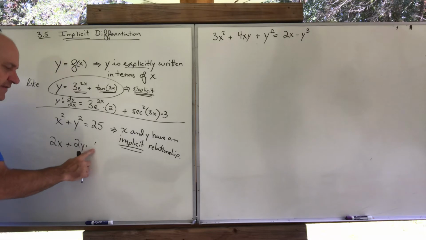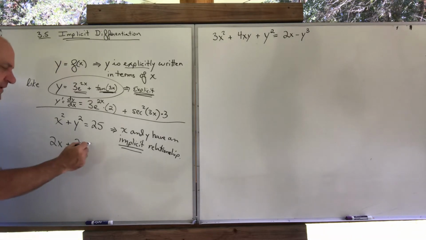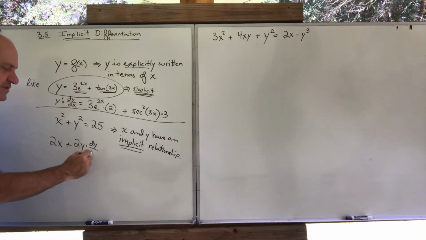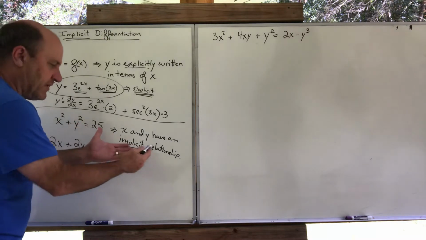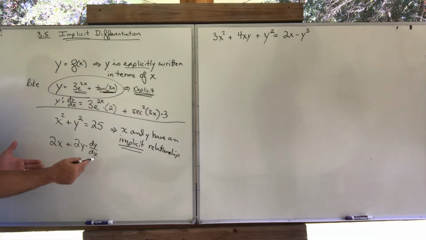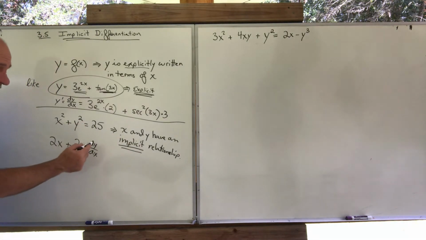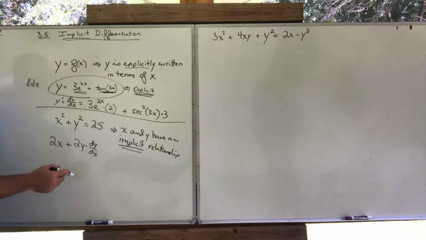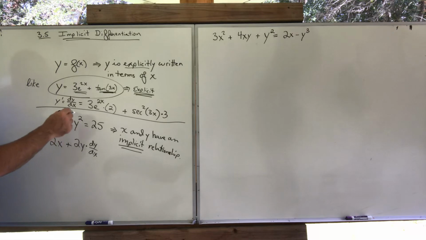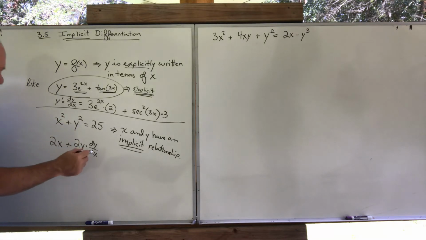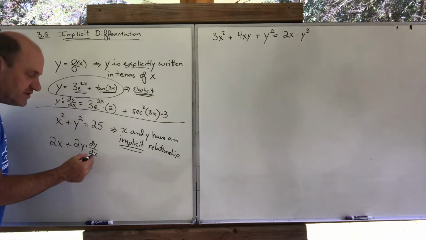So it's correct, but I tend to use the dy dx notation when I'm working on implicit functions, because that's the derivative right there. Dy dx is the derivative. It came out as the derivative of that y after you did the power rule. It could be thought of as a chain rule situation.